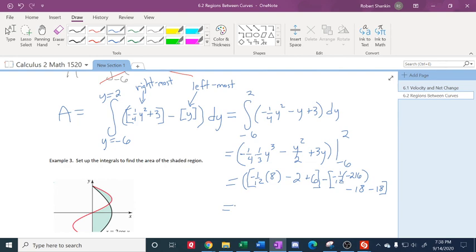Okay, and I get this first part, I get 3 1/3. And then when I do the second part, I get -18.